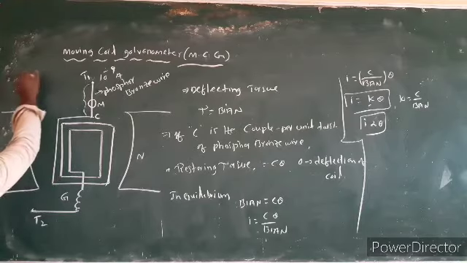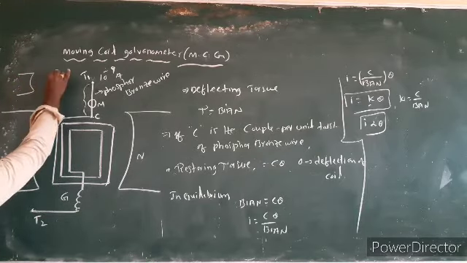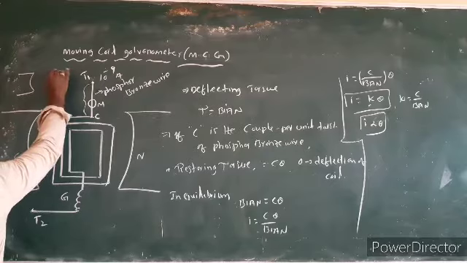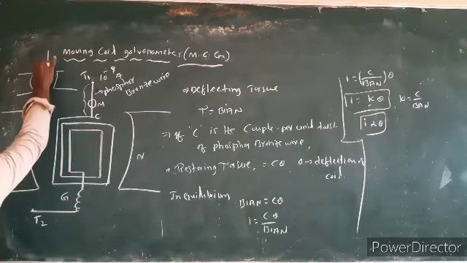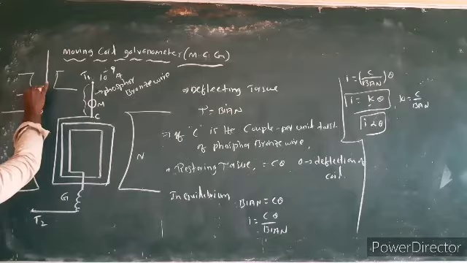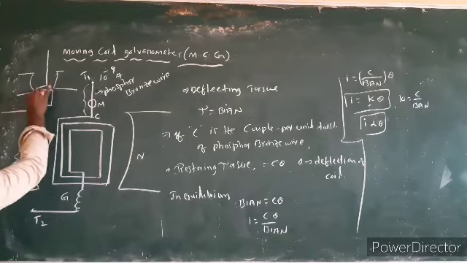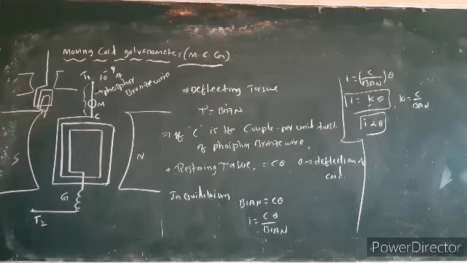Let me consider these are two concave shaped poles. If the wire elongates, the coil comes out of the field like this, and the effect of the magnetic field on it decreases.